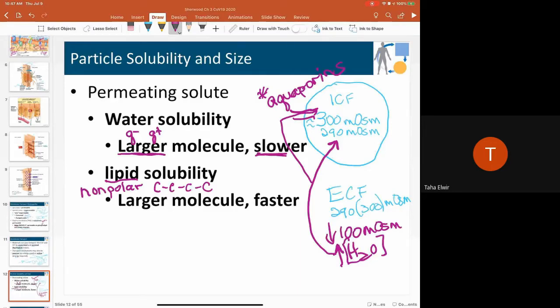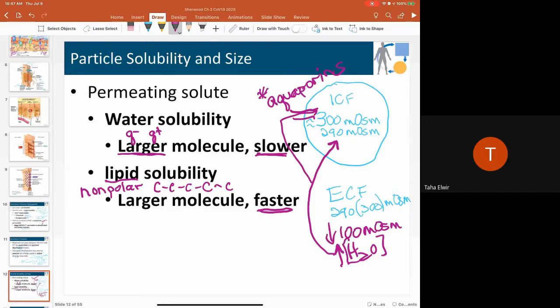The lipid soluble non-polar molecule, the more carbons it has, the more like the lipid tails of the phospholipid it is, and it actually moves across faster. So it's kind of counterintuitive. You think big people move slower than smaller, leaner people.